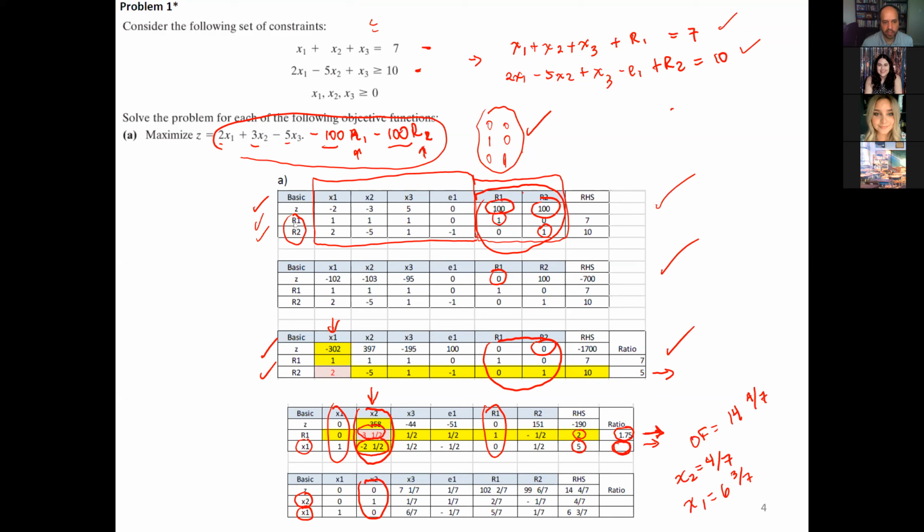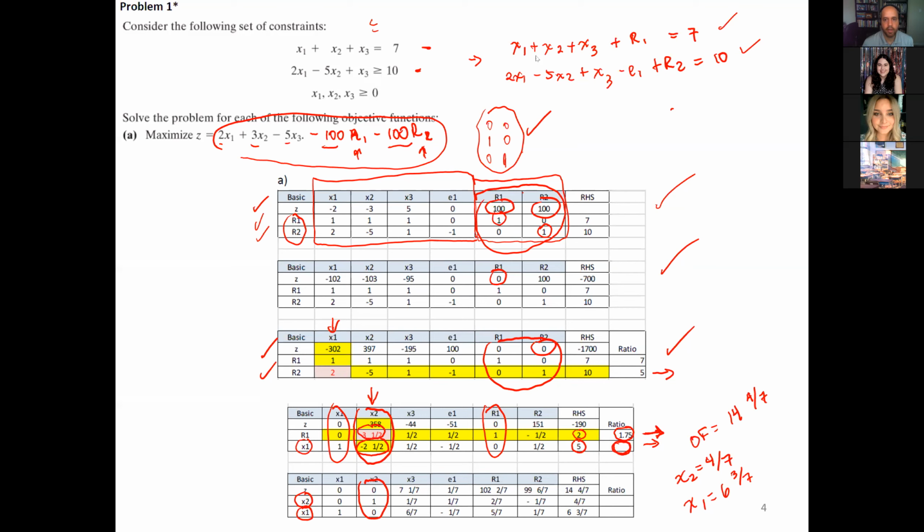If R1 is part of the first constraint, then R1 will be placed first in row 1. If R2 is part of the second constraint, then it's going to be placed second. So R2 is placed second here.